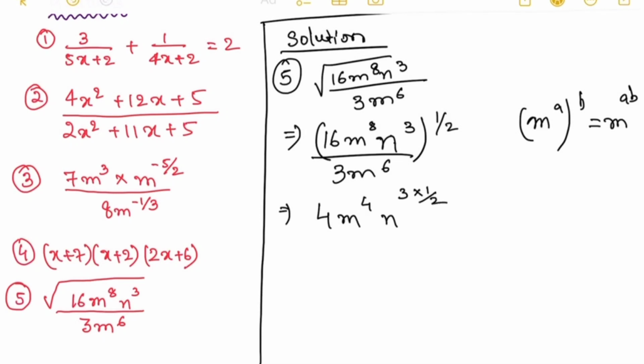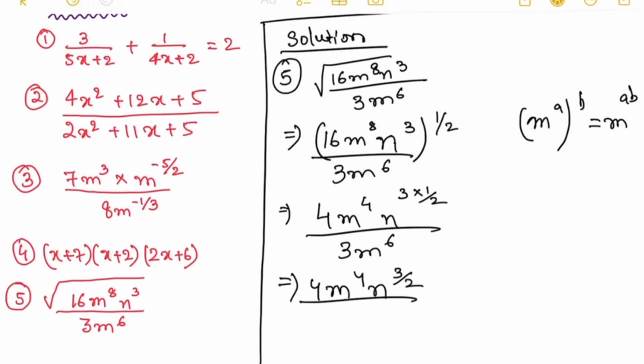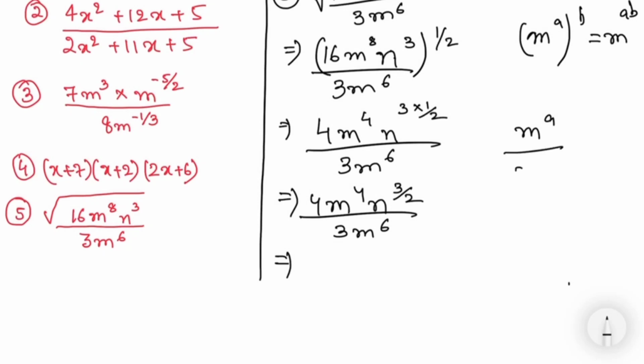So that will be how much? 4 m to the power 4 n to the power 3 over 2, over 3 m to the power 6. Now we'll use one more law, that m to the power a over m to the power b equals m to the power a minus b.